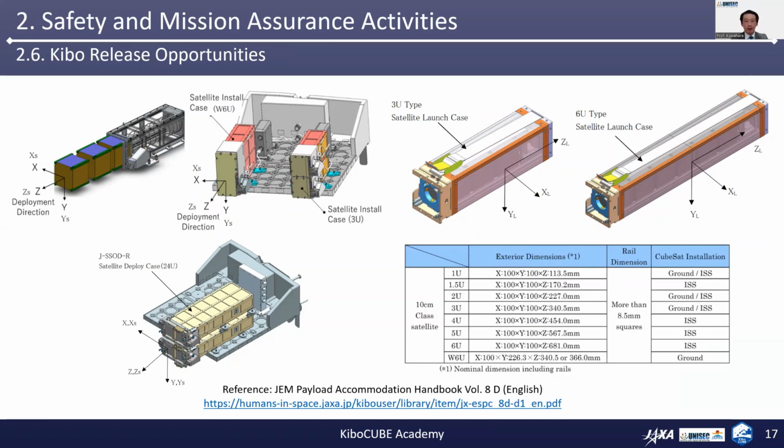They are 1U, 1.5U, 2U, 3U, 4U, 5U, as well as long and wide 6U. It's possible that your satellite is stored into the pod together with satellites developed by other project teams. So you can select the most appropriate form factor for your CubeSat missions, depending on the mission requirements.